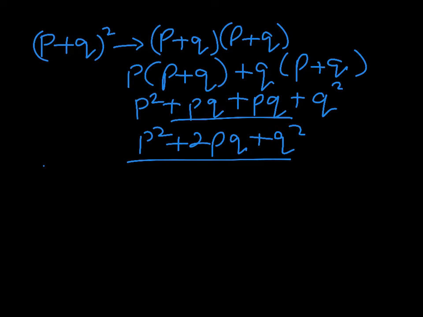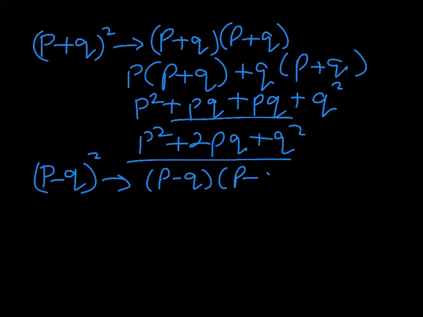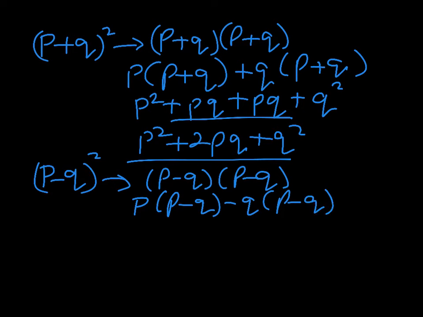What about P minus Q? (P minus Q) squared, if you expand it, that's (P minus Q) into (P minus Q), right? The same way we distribute the content of one of the brackets to the other bracket, P into (P minus Q). P times P gives us P squared.